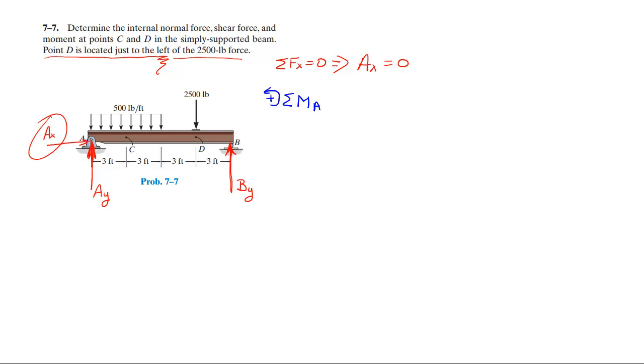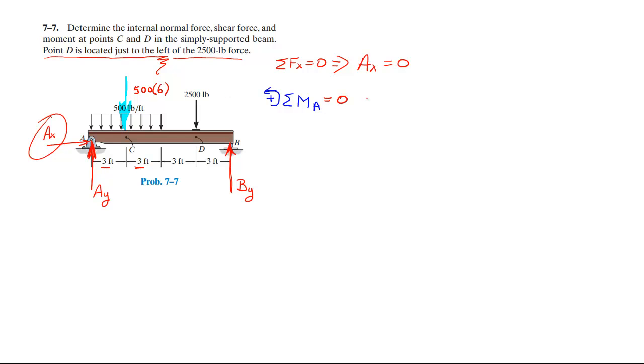If you're going over here to A, we'll start with this 500. Essentially, it's the same thing as putting a load straight down right in the middle of that distribution, equaling 500 times 3 foot and 3 foot, which gives 6 foot, about 3 foot over from the left.